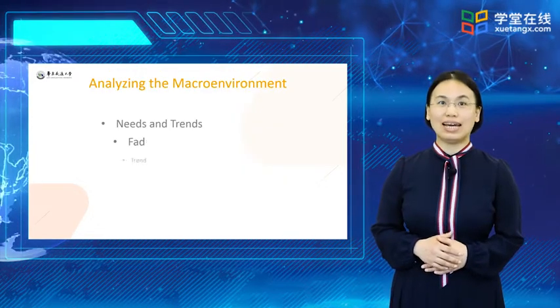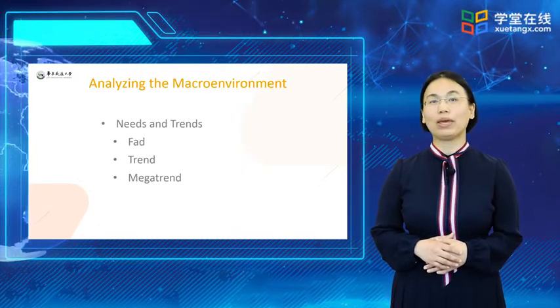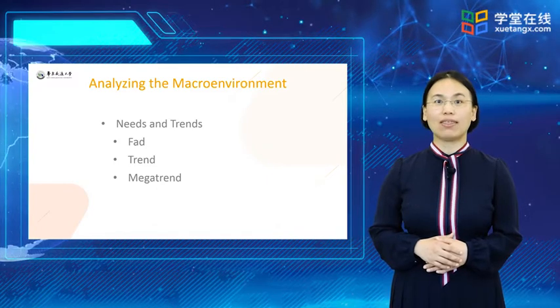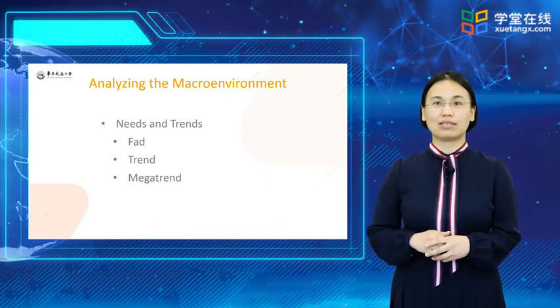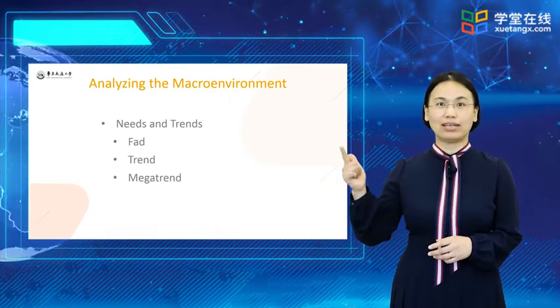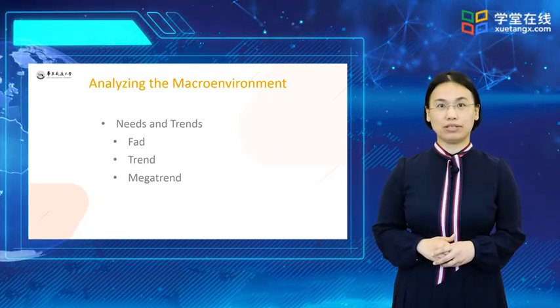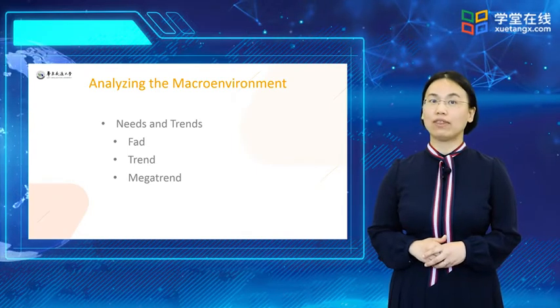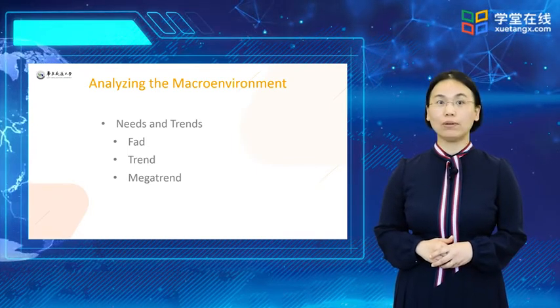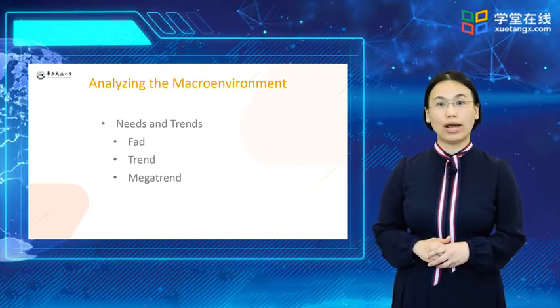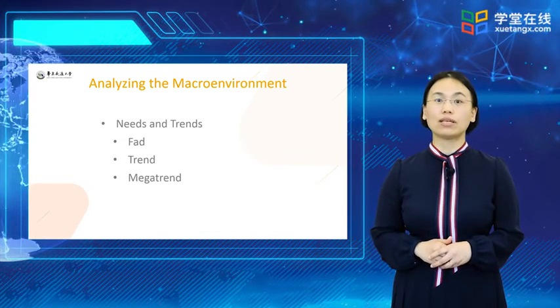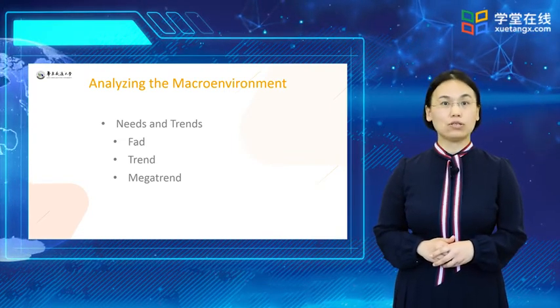Corporates need to analyze the macro environment from needs and trends. There are three concepts: fad, trend, megatrend. A fad is unpredictable, short-lived, and without social, economic, and political significance. A trend is a direction, a sequence of events with momentum and durability.